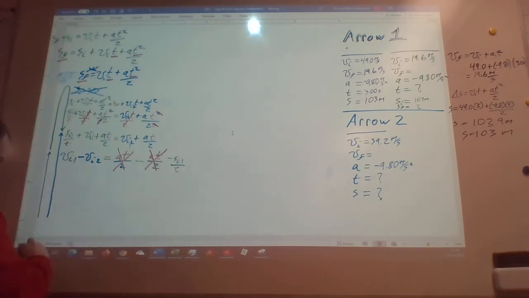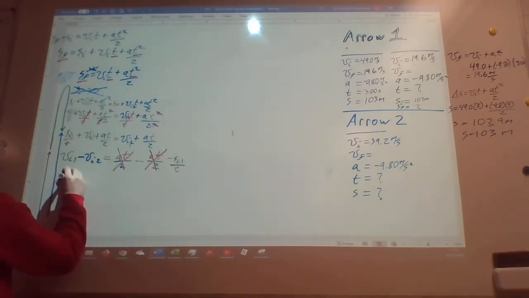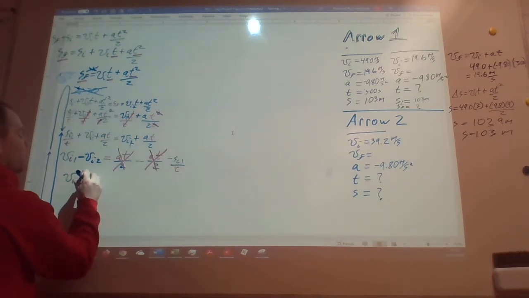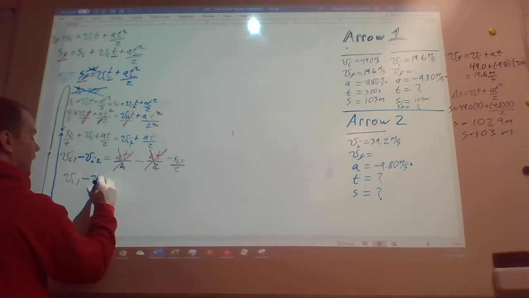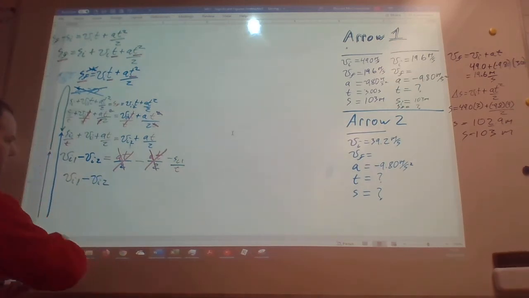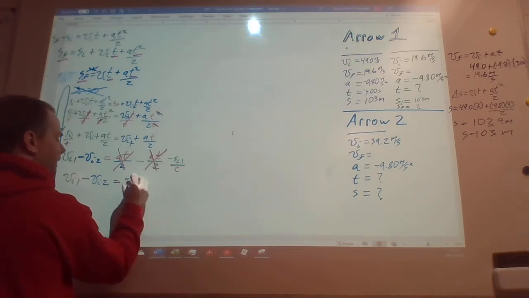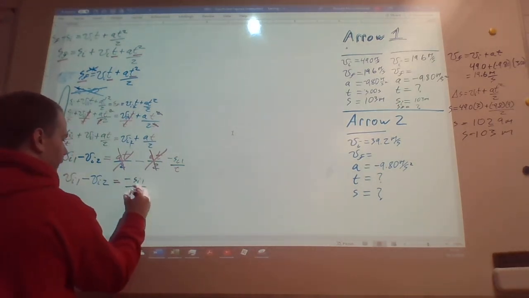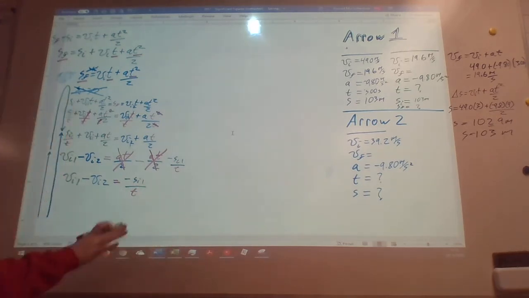And that leaves us with vi1 minus vi2, which is equal to negative si1 over t. We now have only one t.